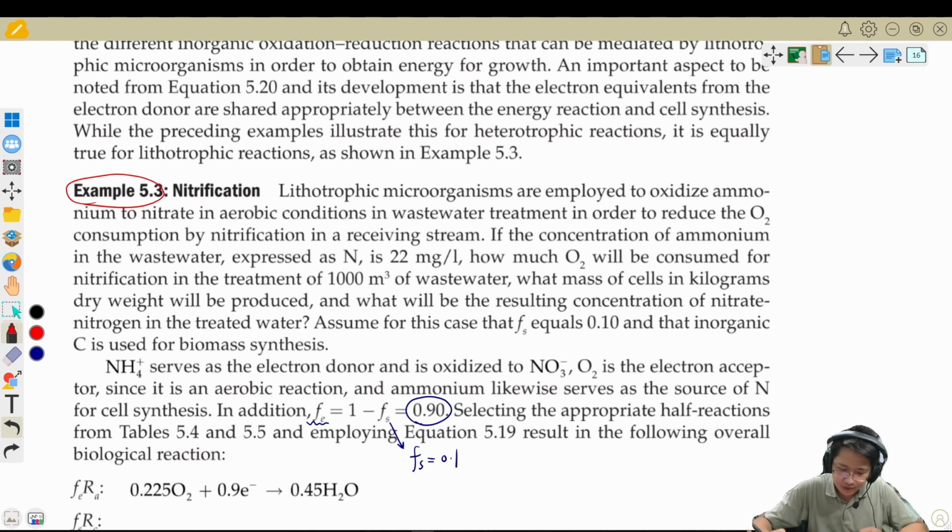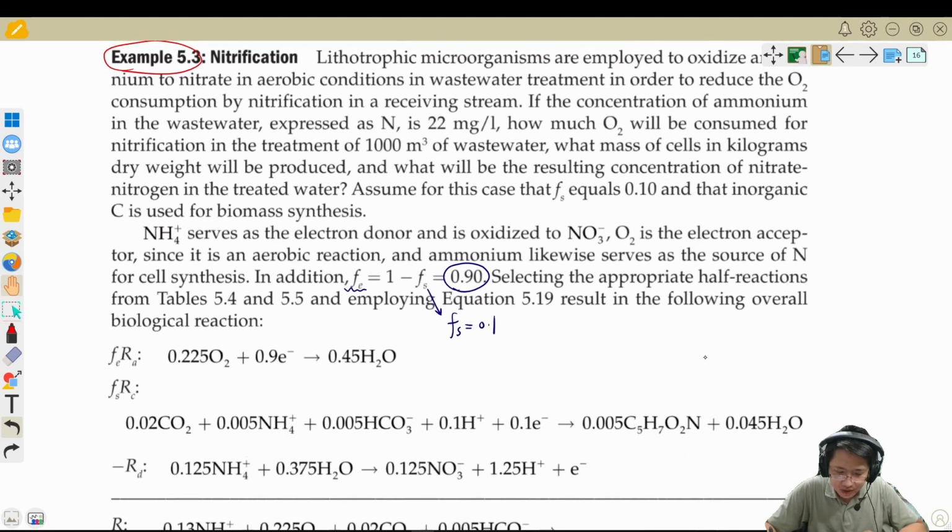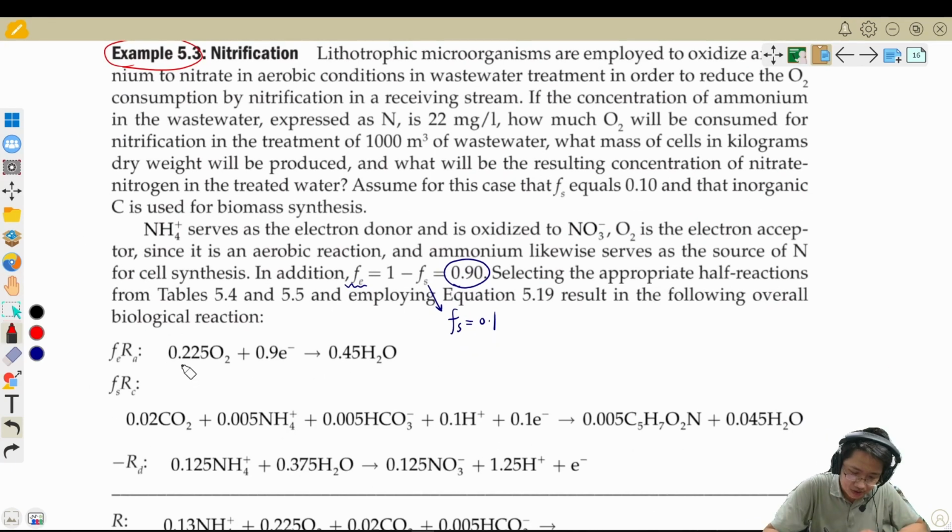So basically, they are using oxygen as their electron acceptor, and Rc is using ammonia as their nitrogen source for cell synthesis, and the electron donor Rd is coming from the ammonia.